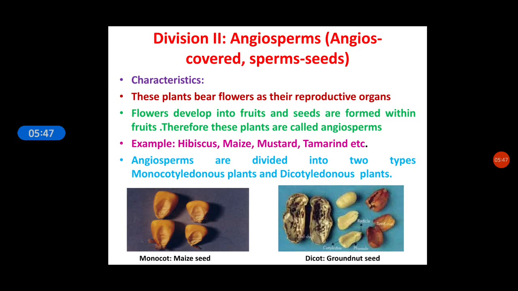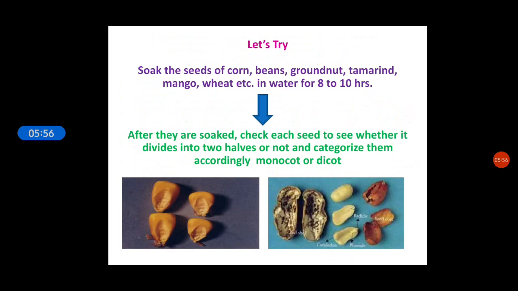Angiosperms are divided into two types: monocotyledonous plants and dicotyledonous plants. What are the distinguishing points between monocots and dicots, that also we are going to learn. Before that, we have to learn how to identify monocot and dicot plants. For this, let us perform this activity.